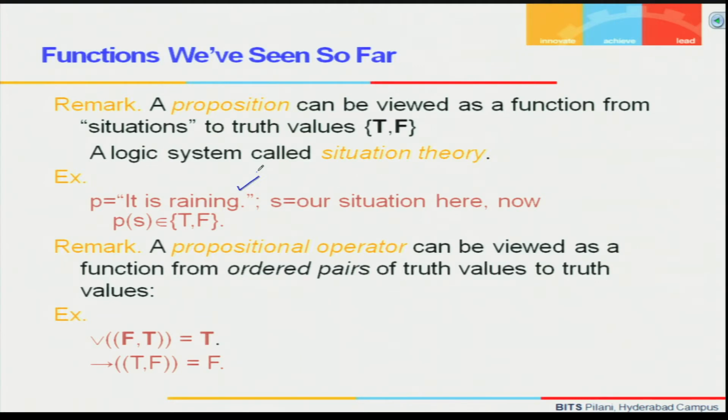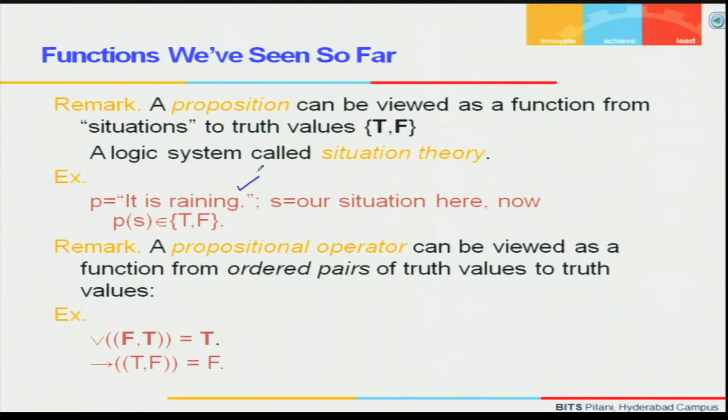So this kind of mapping from a proposition to the truth value is also a function. So a proposition is basically a function that is acting upon situations to the truth values, that is true and false.